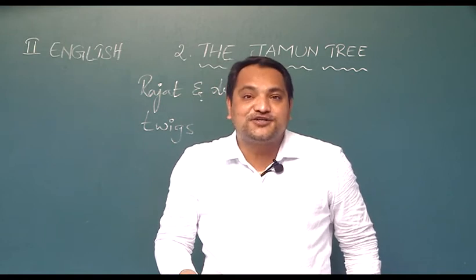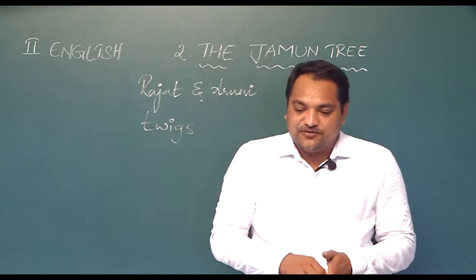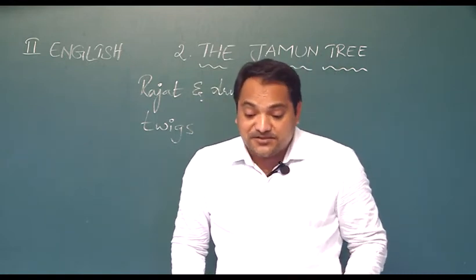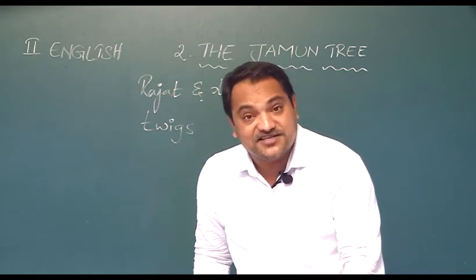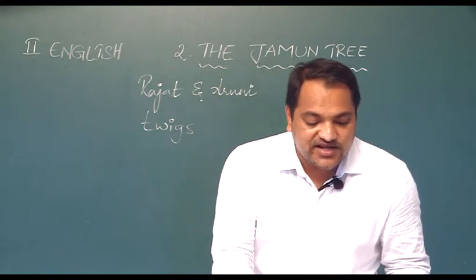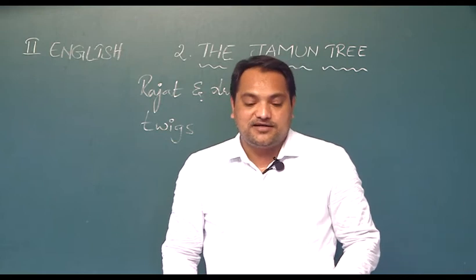For what? To build a nest on the Jamun tree. So, once a year, the tree would be full of purple jamuns. Rajat and Aruni would collect the jamuns for themselves and their families. They named the tree Jamuni, meaning the purple one.